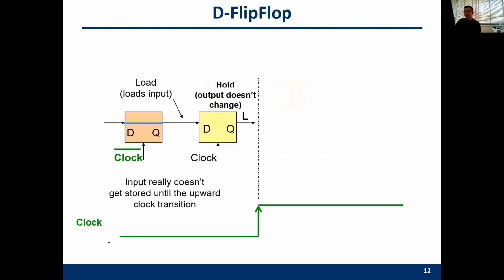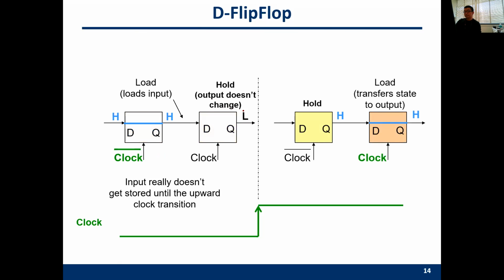You can see here when the clock is low, this is low, this is high. If this is high, this is transparent. This is a hold. If I write a 1 here, this is 1. But this one can still hold the 0 from the previous cycle. And then this clock changes from 0 to 1. When the clock is at 1, this is 0.